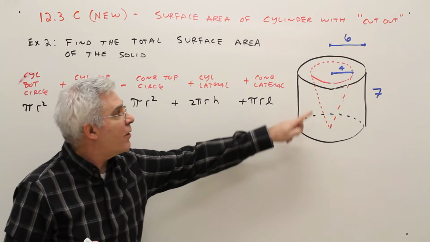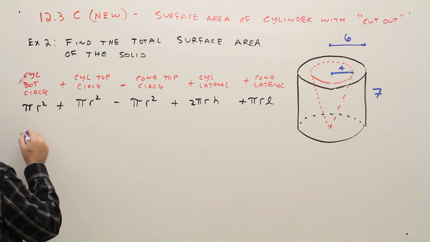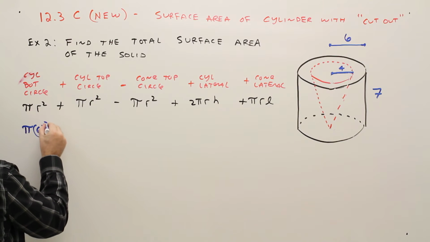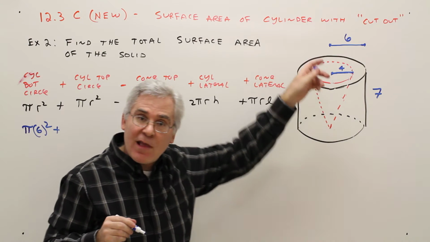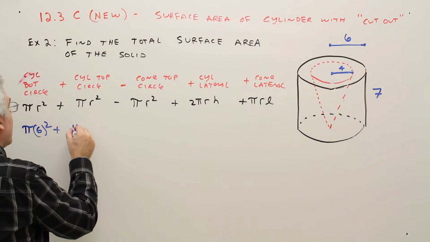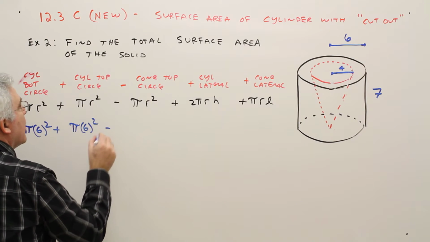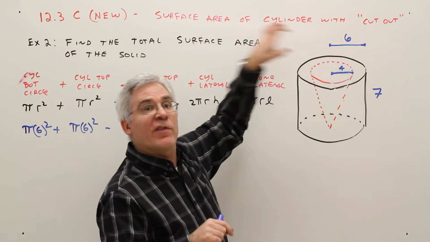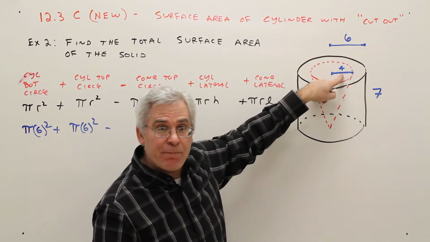So the bottom circle has a radius of 6, so pi 6 squared. Top, same thing, pi 6 squared. That hole that's being subtracted away has a radius of 4.